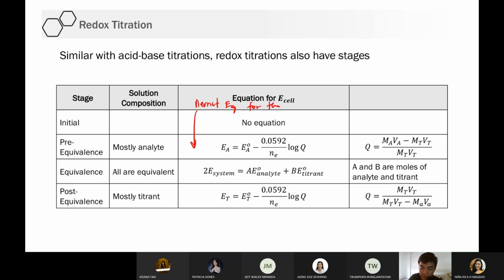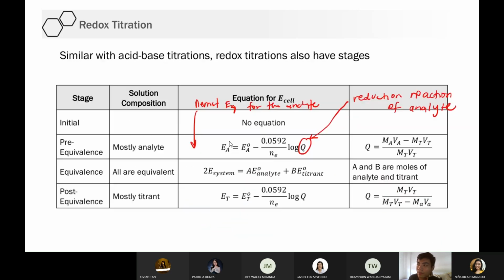By the way, this Q is the reduction reaction of the analyte, because we are describing the Nernst equation for the analyte only. The E naught cell of the analyte can be determined using the table. Note that E naught of the analyte is not the E cell. It is whatever is on the table.